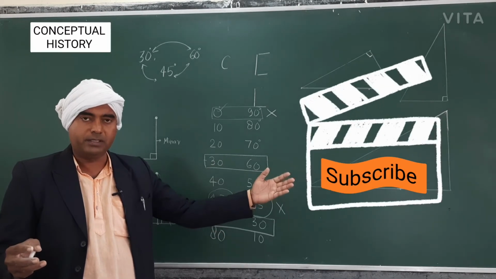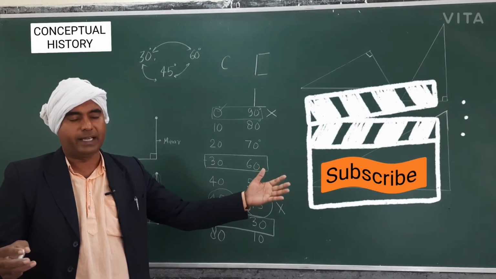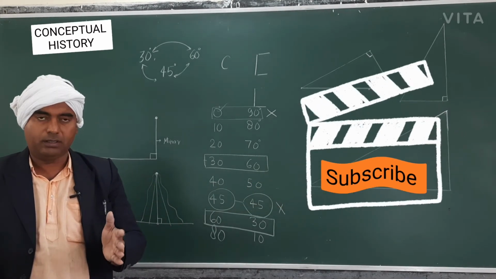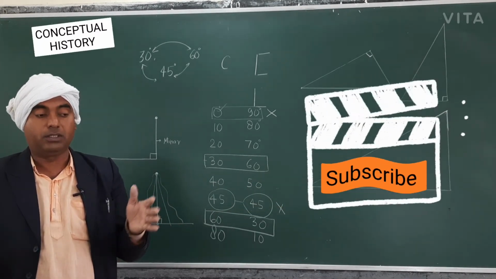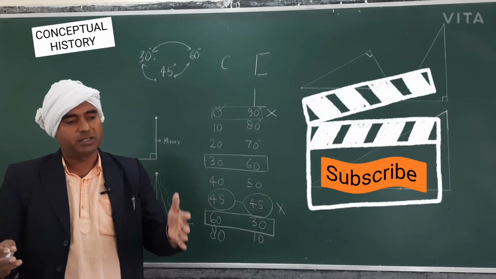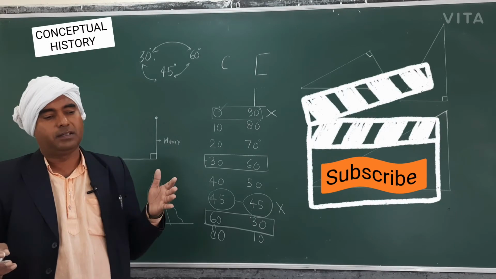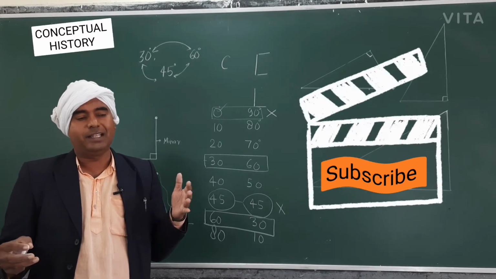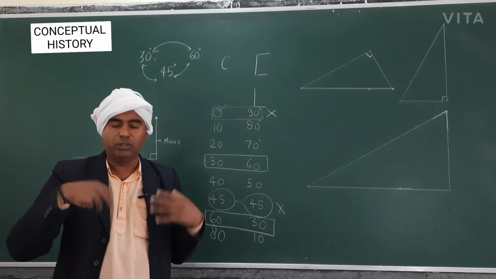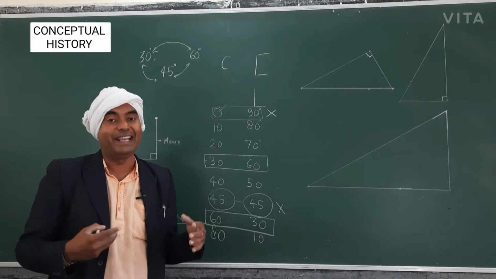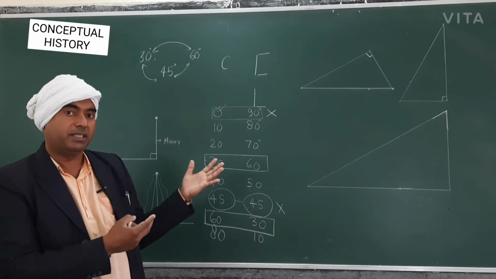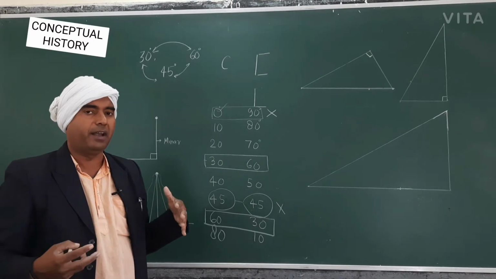From the Buddha period, 600 BC or more than that, means 1000 BC to 1000 AD, that was the golden period for India.